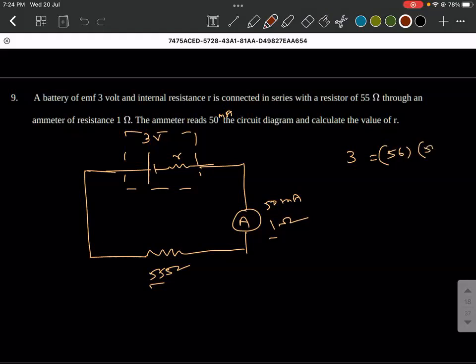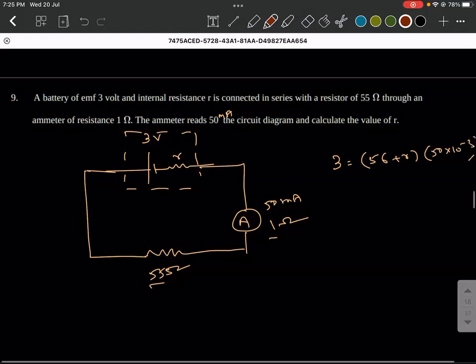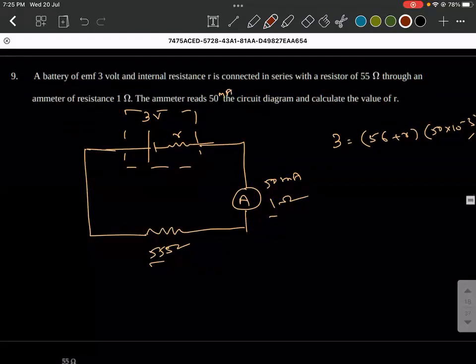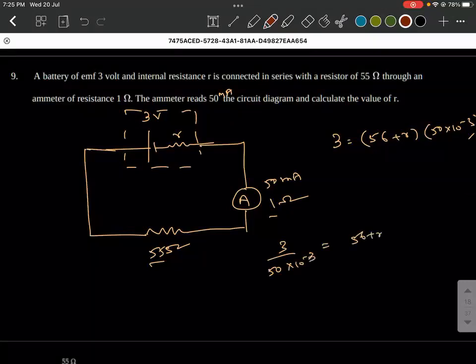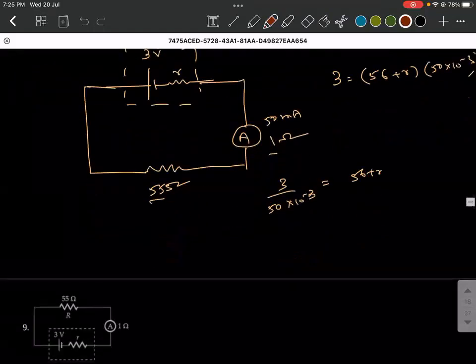I is how much? 50, sorry. 3 is equal to 56 plus r into 50 into 10 power minus 3. Okay, so solving this, you should get the answer.